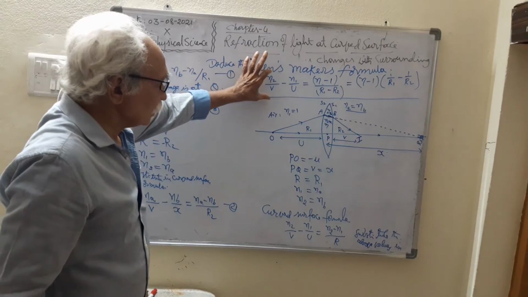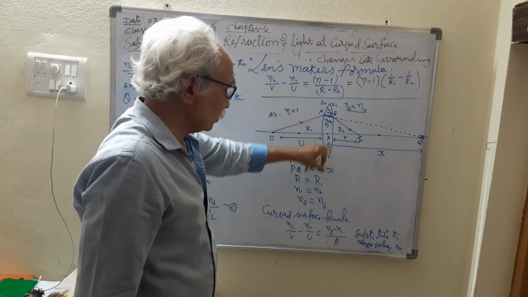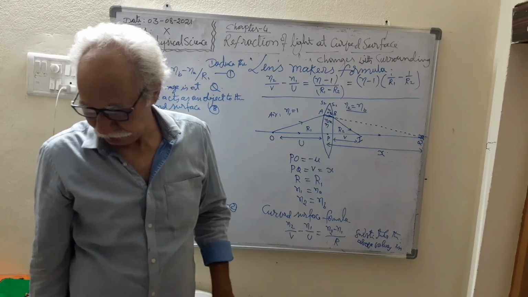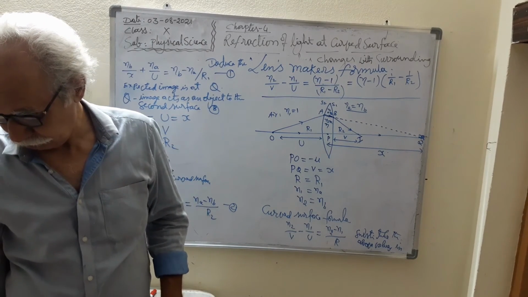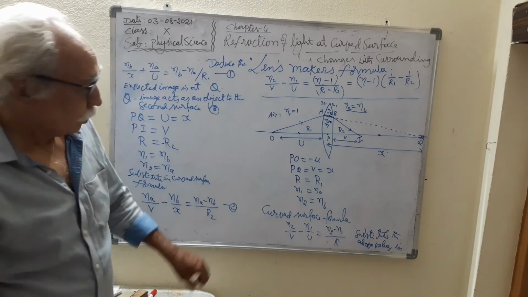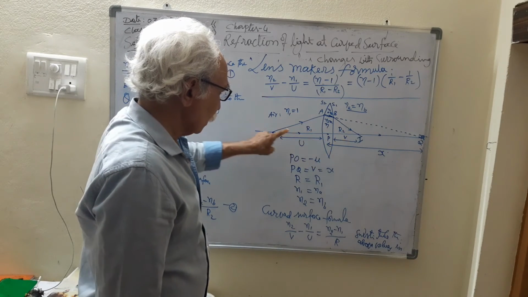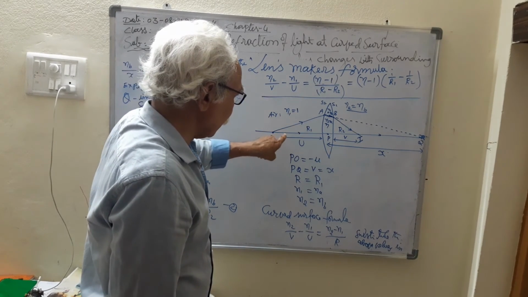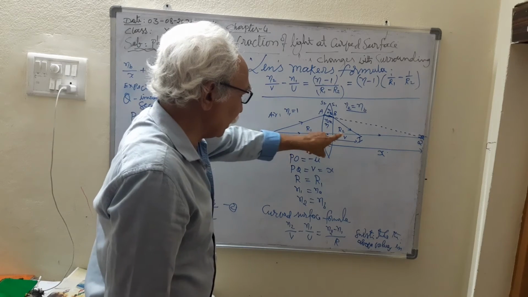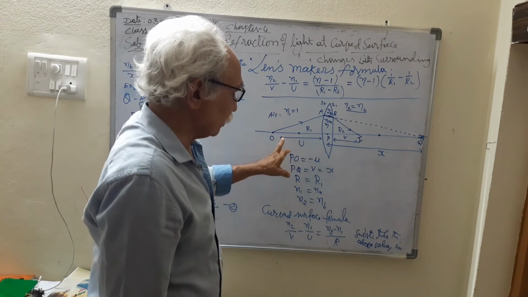To derive this formula, let us observe this biconvex lens. The two surfaces are there, N1 and N2. R1 and R2 are the radii of curvature. U is the distance of the initial object.